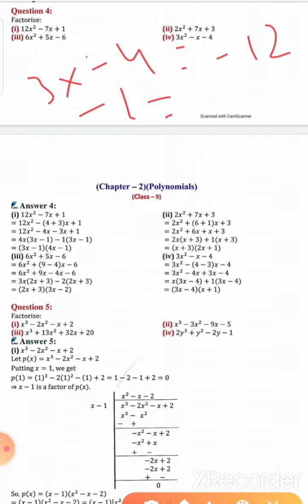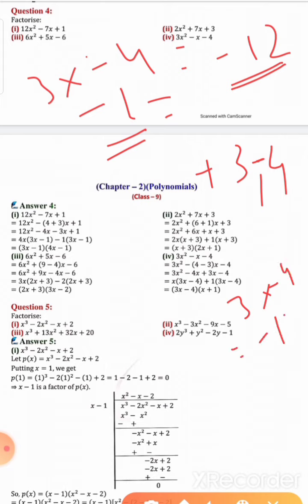Here for the factors of 12 we use two numbers, 3 and 4, but we want minus 12 and the middle term also in minus. So we use 3 as the positive term and 4 as the negative term. So 3 into minus 4 we get minus 12, and 3 plus minus 4, that is 3 minus 4, is minus 1.